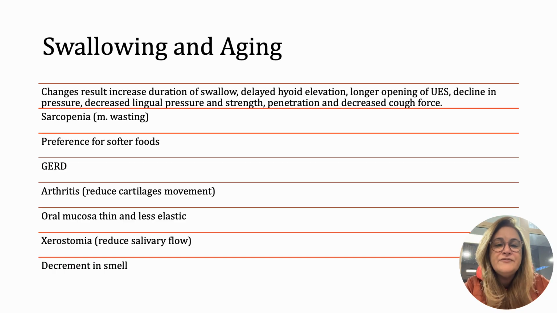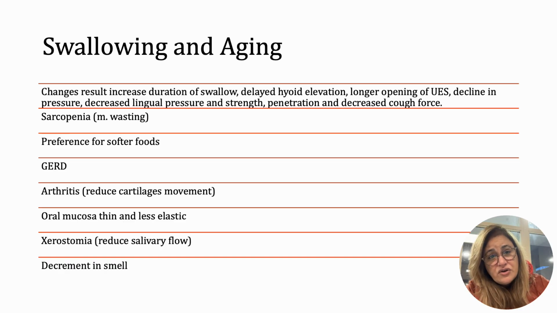These changes increase the duration of the swallow, delaying the movement, fluidity and pace of airway protection and elevation of the laryngeal excursion, and the opening of the UES takes longer. There's less pressure because sarcopenia may be happening.